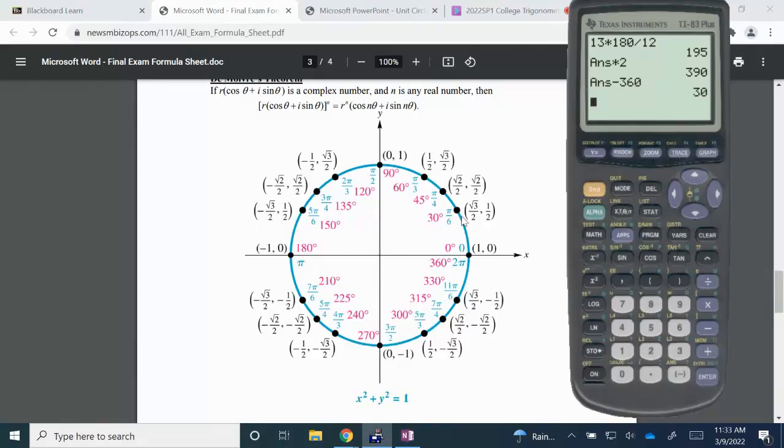And I see that 390 degrees and 30 degrees are coterminal. They start at the same spot and they end at the same spot. So I don't actually have 390 degrees in my unit circle, but I do have 30 degrees. So the cosine of 30 degrees would in fact be the same as the cosine of 390 degrees.